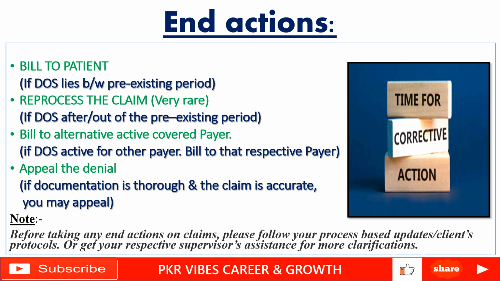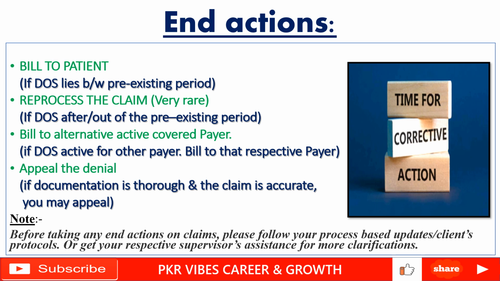However, the patient was treated by the doctor and the doctor submitted the claim to insurance, and the insurance clearly denied it stating CO 51, which means the patient is under the pre-existing period. That is true. If we verify that, we can bill that claim to the patient. Whose responsibility is it? That is the patient's responsibility, because those services are not covered by the insurance during that pre-existing period. That is the first action.